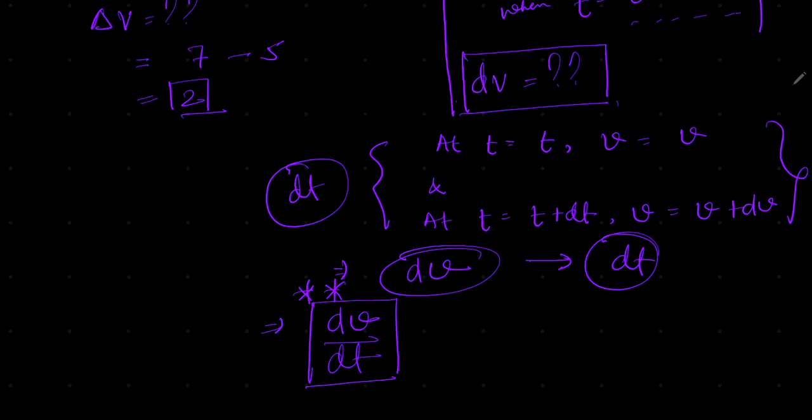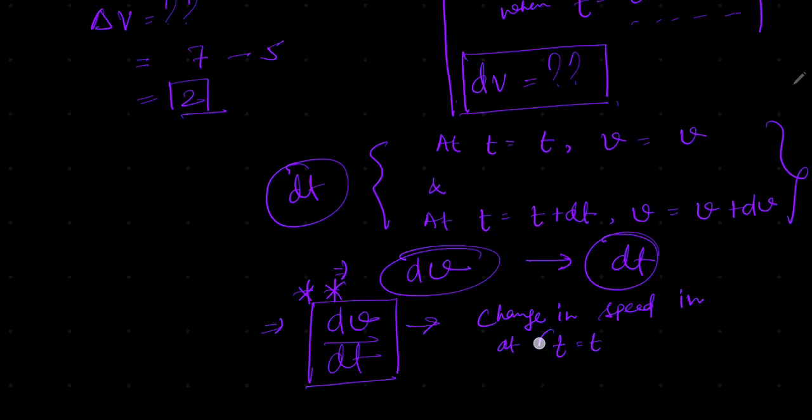What I'm saying, please try to understand. It can also be realized that dv by dt is giving the value of change in speed at t is equal to t. It will give you what? The value of change in speed at t is equal to t.